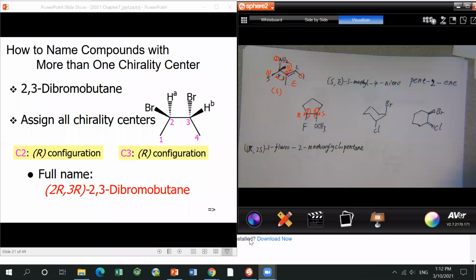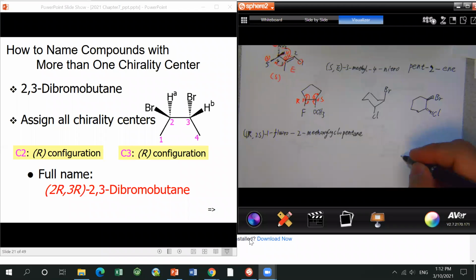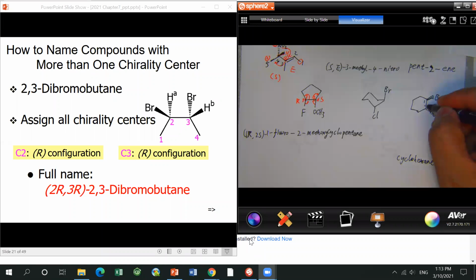For this compound, we still name it based on cyclohexane, because bromine and chlorine are only prefixes. Similar to the first example, remember to give the lower number by alphabetical order: the bromine will be 1 and the chlorine will be 2.